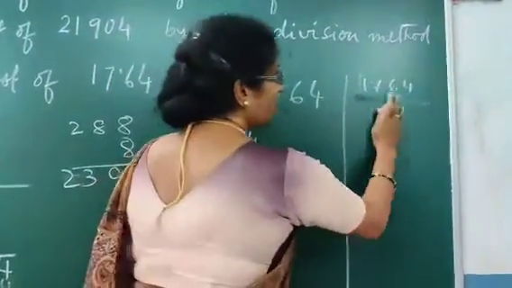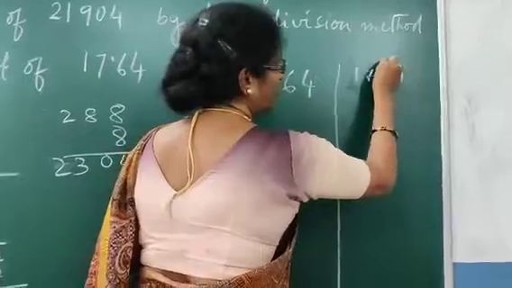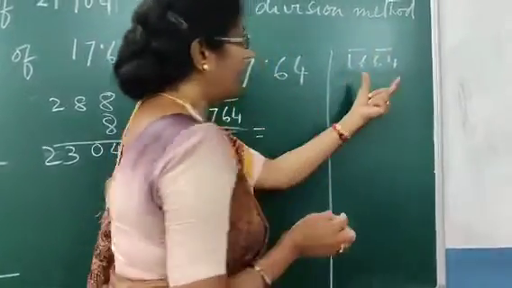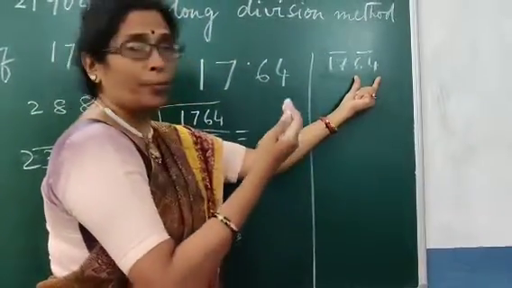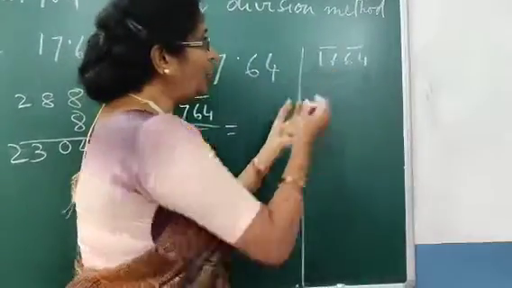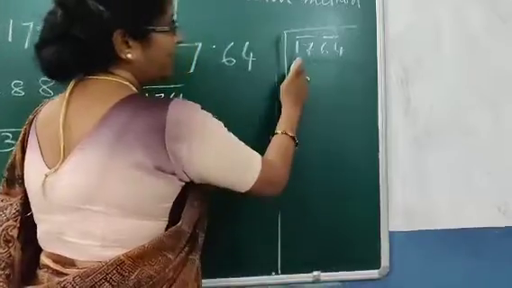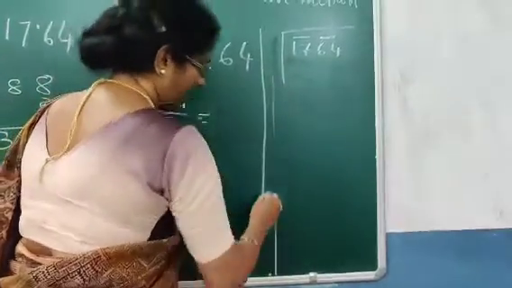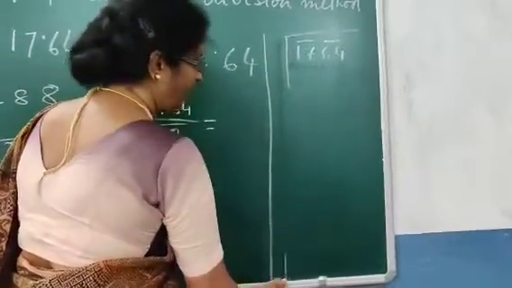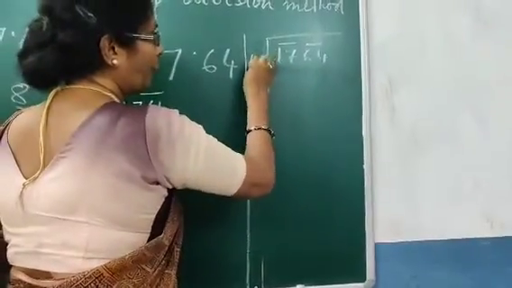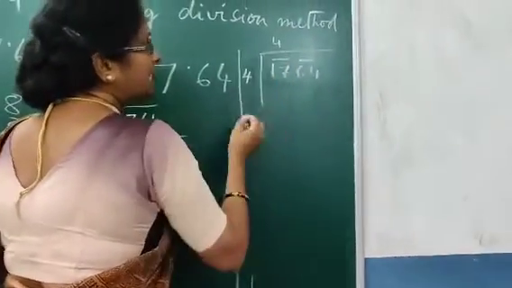So using the long division method on this question, from the right side one group, another group is taken by taking 2 digits. Now here 17, so to make it exactly 17 or less than 17, I have to take 4. Then 4 4s are 16.